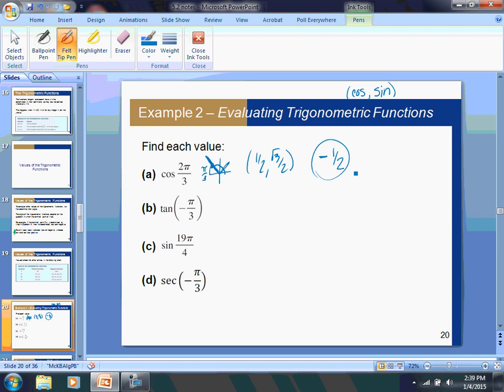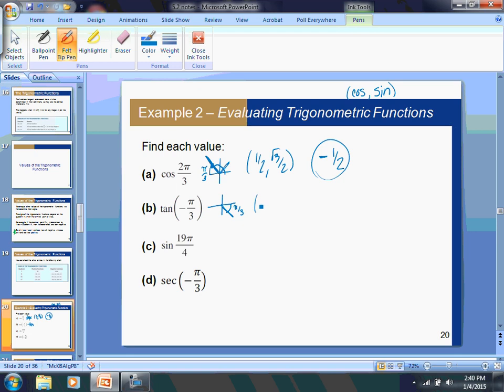Okay, for part B, now I have the tangent of negative pi over 3. So that means I'm going to move down. So pi over 3 down here. Okay. Now again, my reference angle is still going to be pi over 3. So I have to think, again, what that terminal point is going to be for pi over 3.